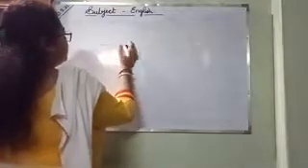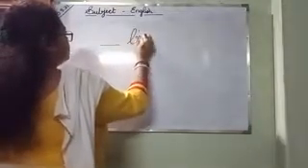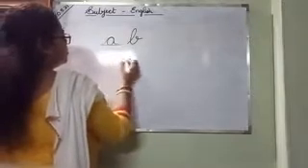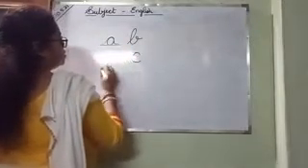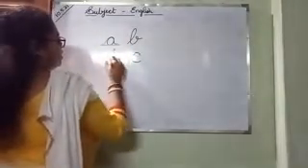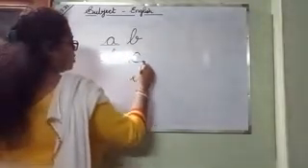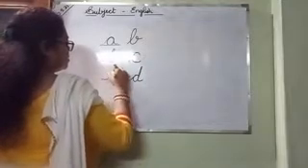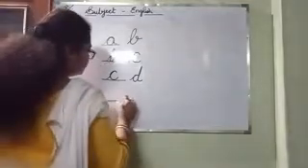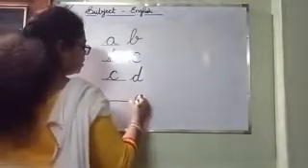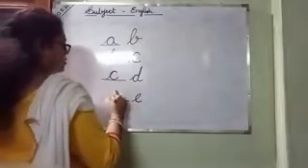Okay? You have to write before this. Before B, what comes? It comes A. Before C, what comes? Which alphabet? B. Before D, what comes? C. Before E, what comes?